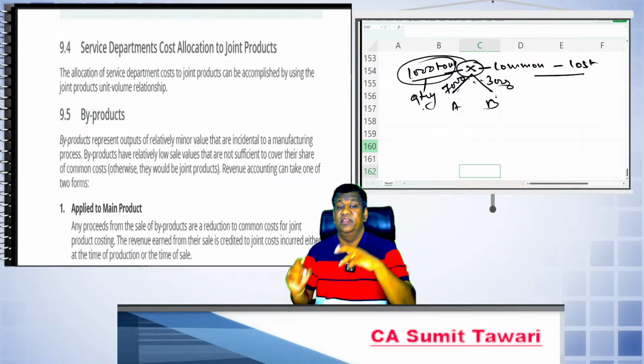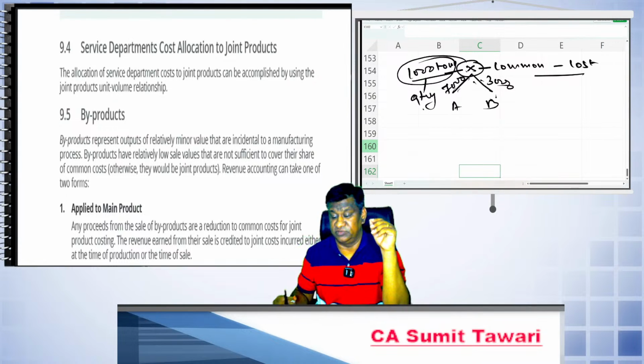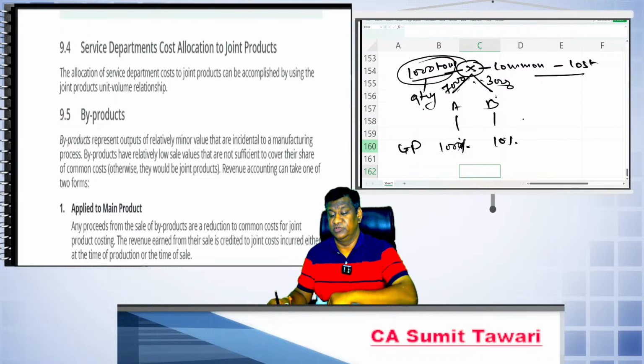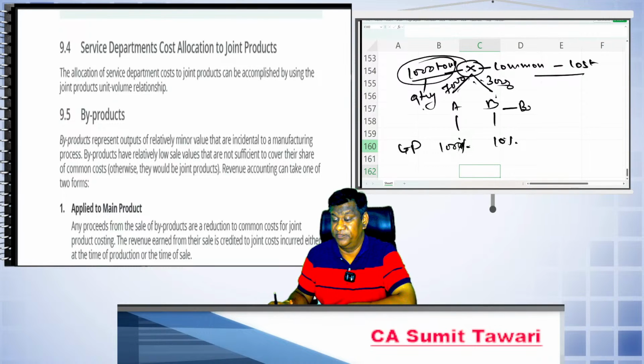But if, whatever the manufacturing separable cost I incur, after that I am getting 100% gross profit margin here, and here 10% gross profit margin, so it is as good as the byproduct. It is not the byproduct, it is as good as the byproduct if the consumption is very high for this product.